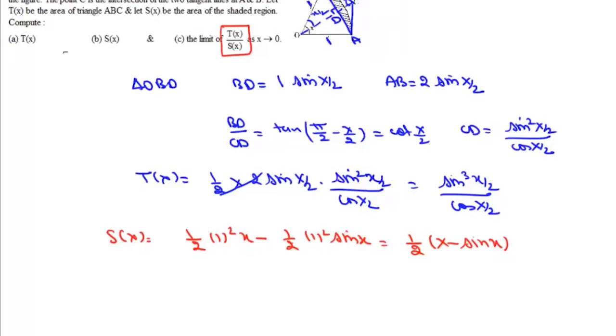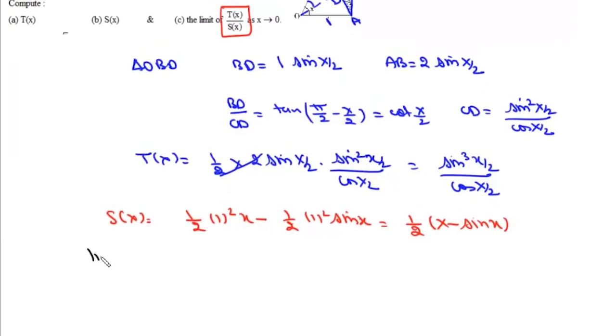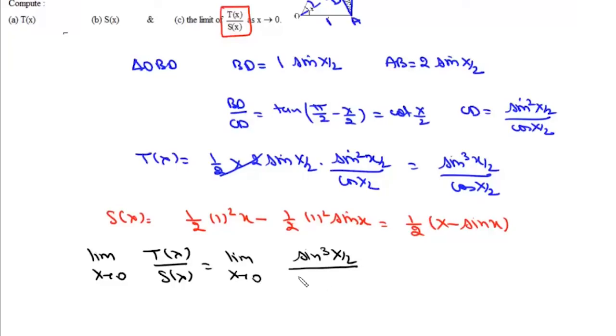This limit will be limit x tends to 0 of sine cube x by 2 upon cos x by 2, and here it is x minus sine x, and then into 2.